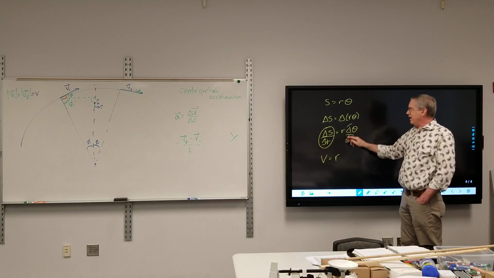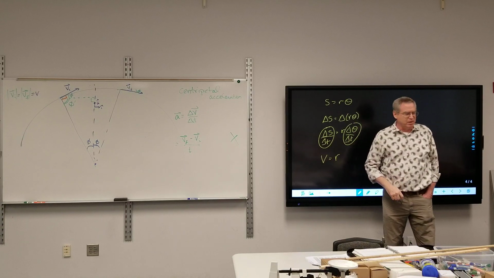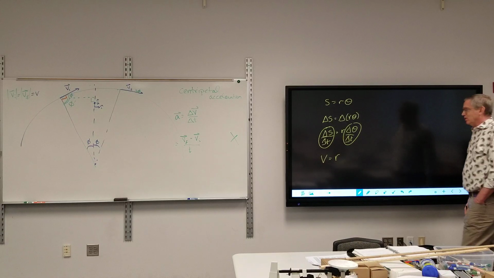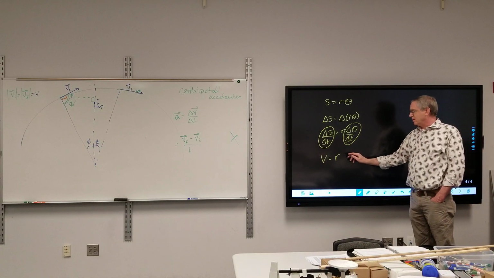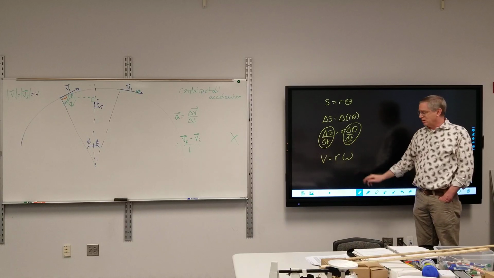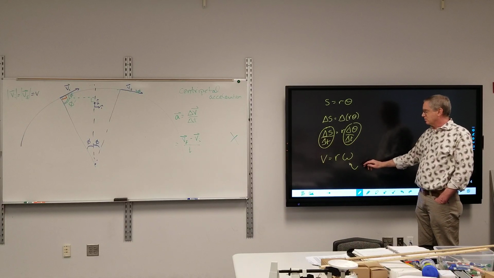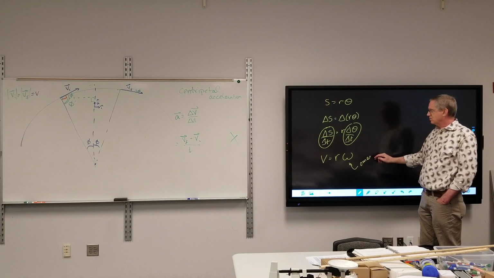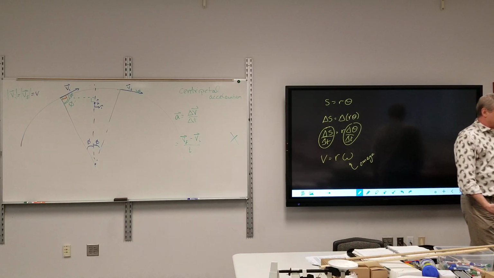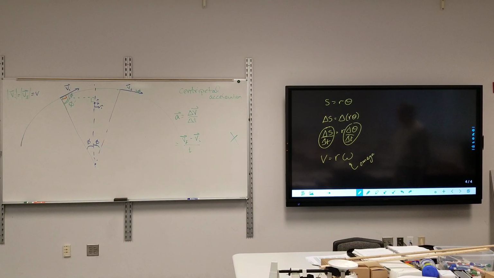And over here, I have the change in the angle over time. So this is known as angular speed, and the symbol is an omega. It is not a W, it's a lowercase omega. As sort of a 70% rule, when you deal with rotational motion, you tend to use Greek letters.